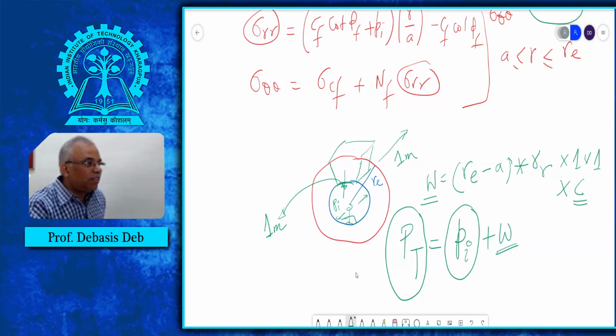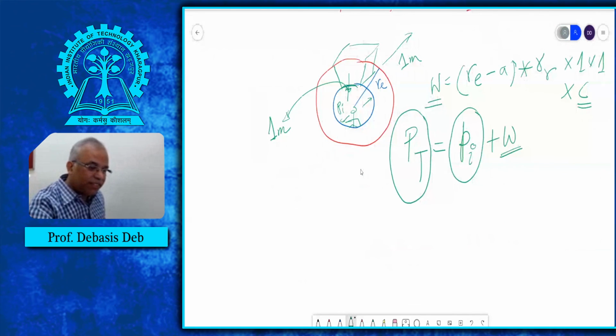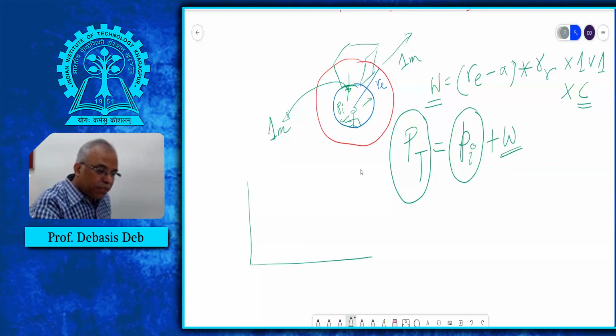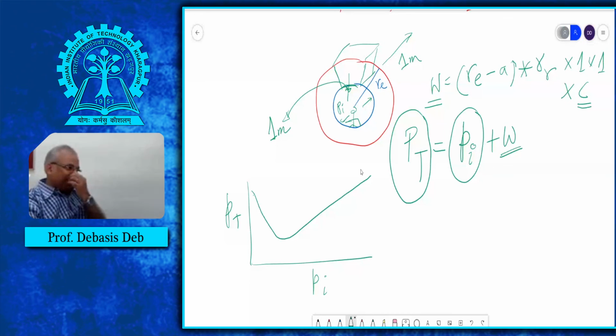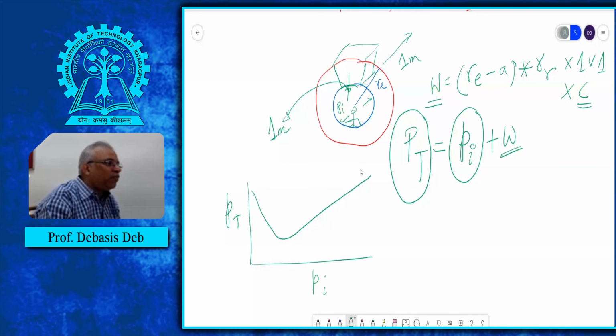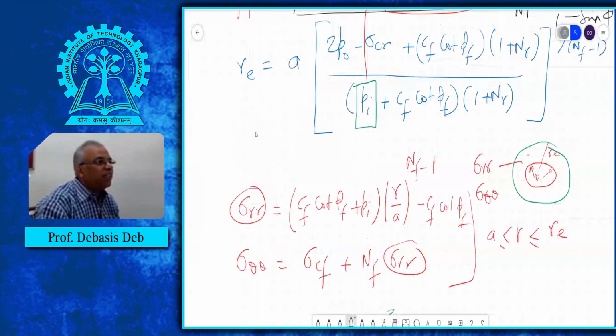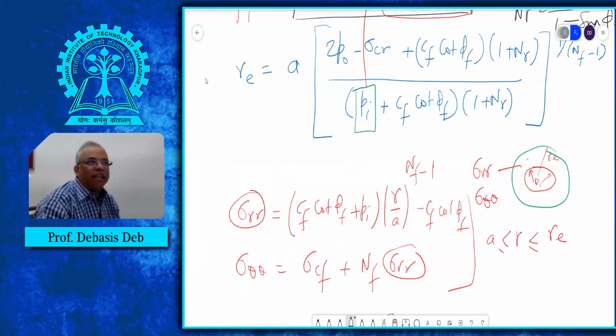Now, how will the graph look between PT and PI? I'm not sure whether anybody will be able to tell, but this one will come something like this. Now let me tell you why. See, when the PI is very low, then in this equation, PI is very low, so Re will be high.